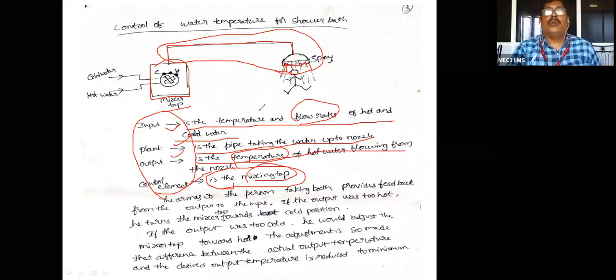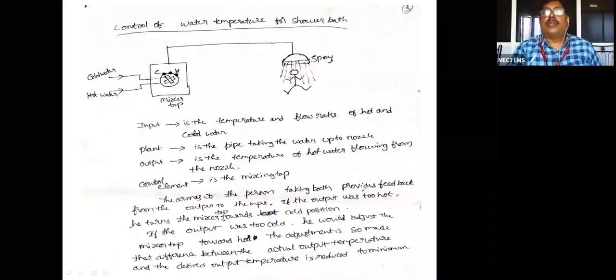So these are the input and output; what are the plant and the elements? Here, if you observe clearly, this is manually controlled. What is the feedback element here?